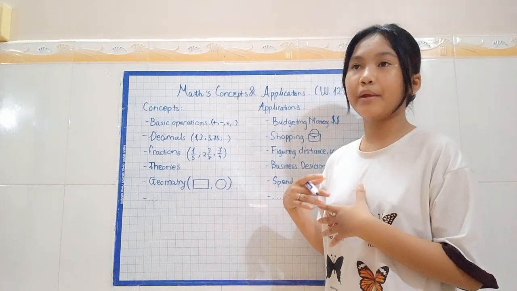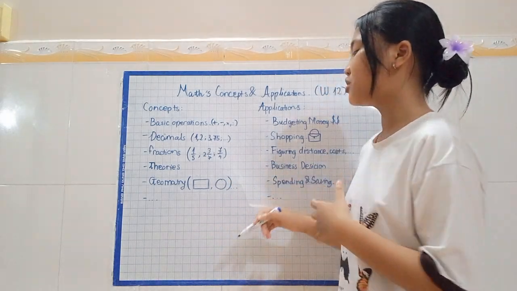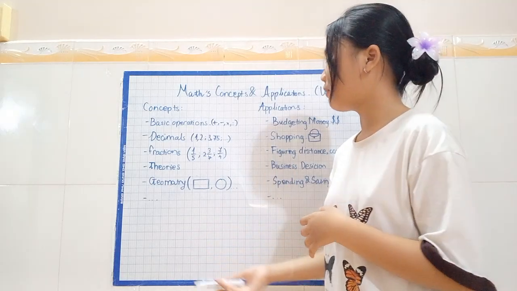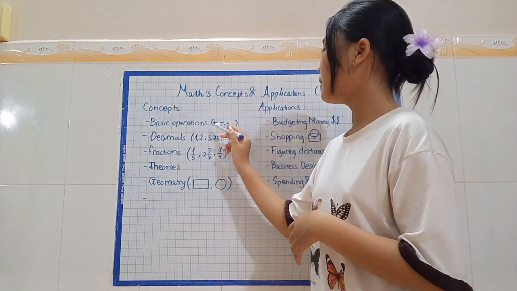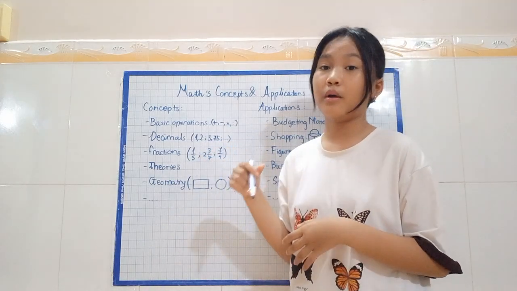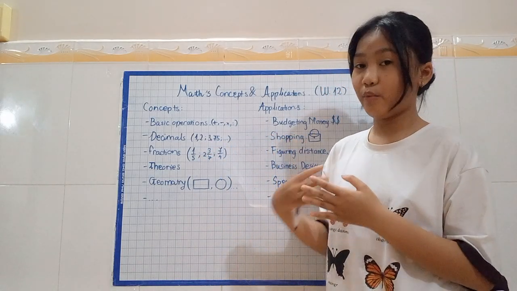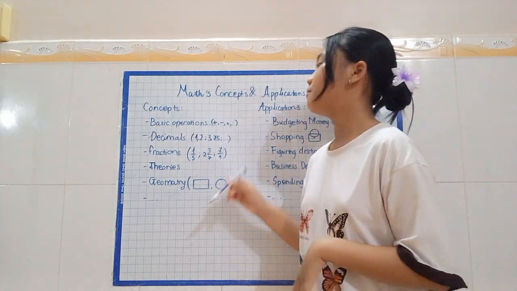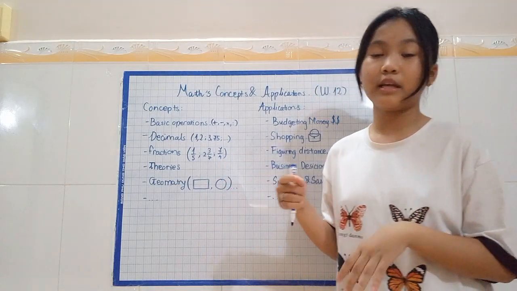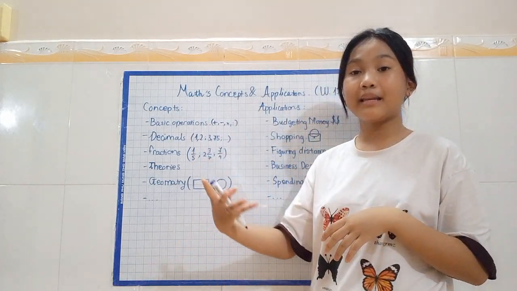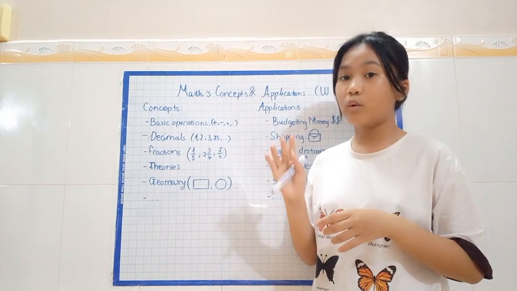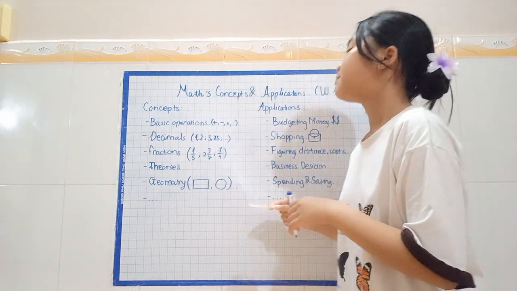Maybe simply when we were calculating how much money we need for a plan, for a trip, we could simply use them to measure it much more quickly. Also, basic operations could be used in situations such as when you're buying things, when you're spending, or when you're saving things, which can be so good.